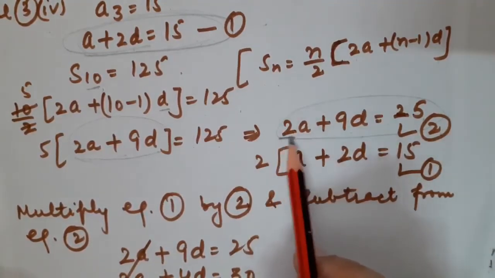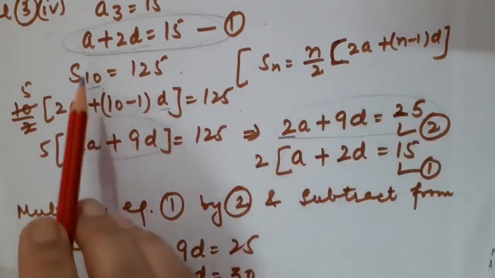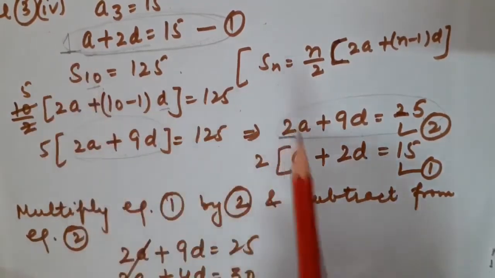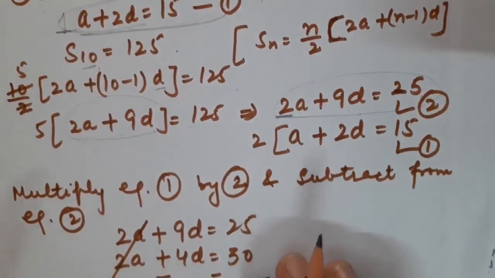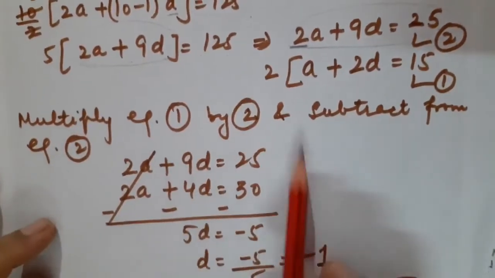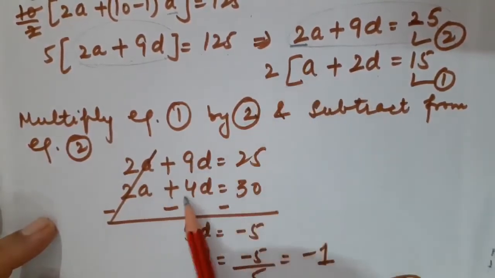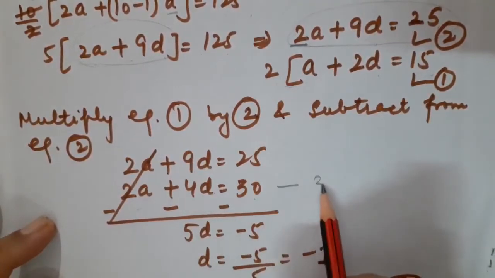Here I got the numerical coefficient of a as 2 in equation number 2, but in equation number 1 I got the numerical coefficient as 1. So let us multiply equation number 1 by 2. After multiplying it by 2, children, I have got 2a plus 4d is equal to 30. This has become now equation number 3.